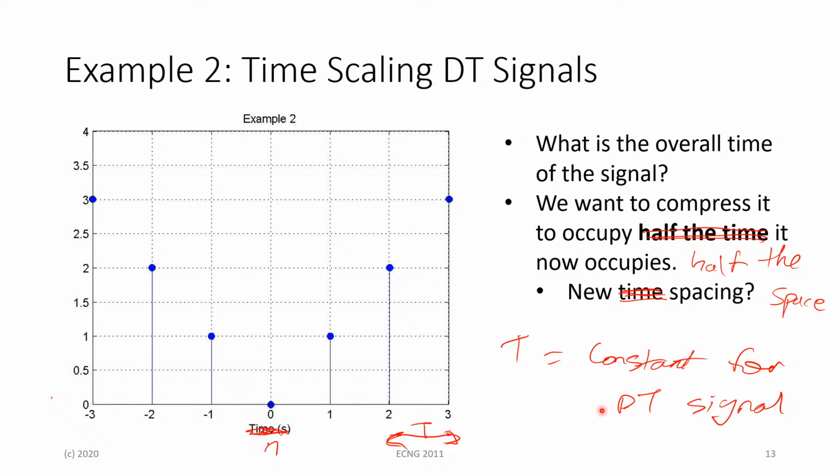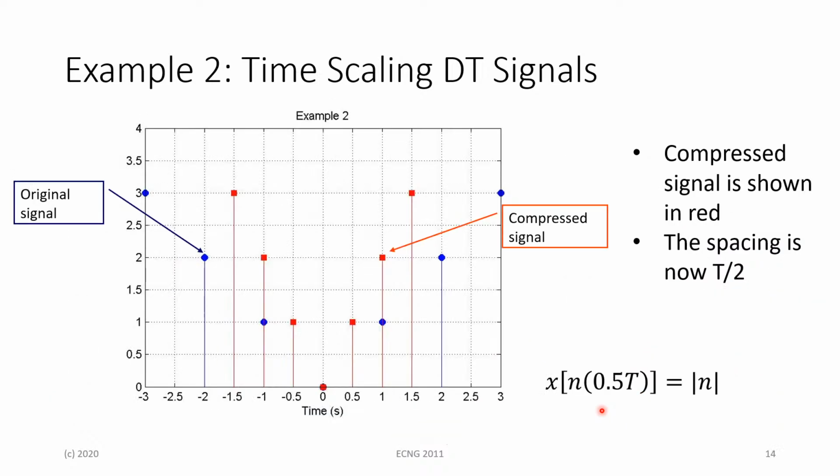So what's going to be our new spacing? Our new spacing here is basically going to be 0.5. And in particular, this is because instead of occupying from -3 to +3, we wanted to make sure that this compresses by half.